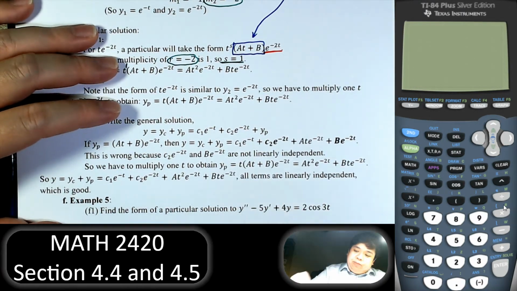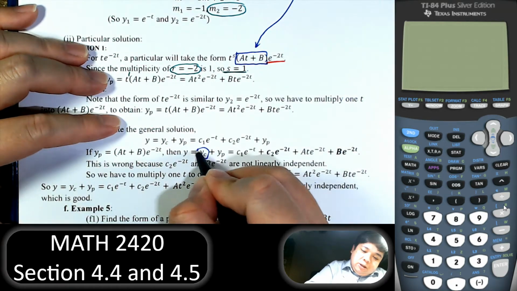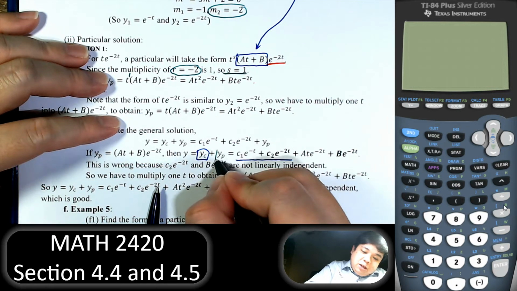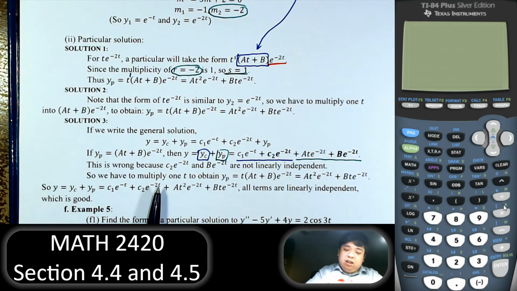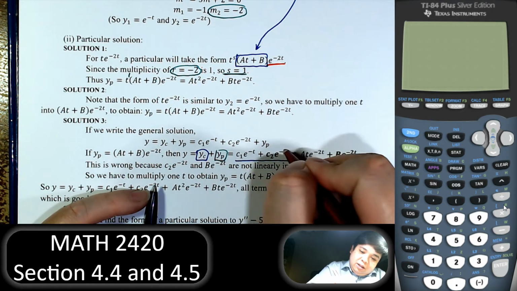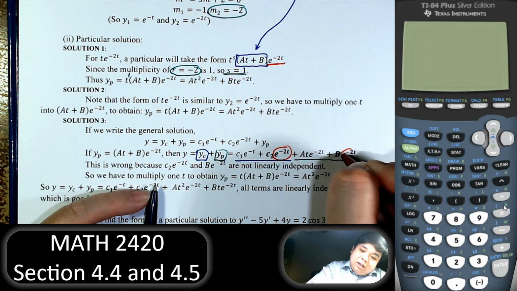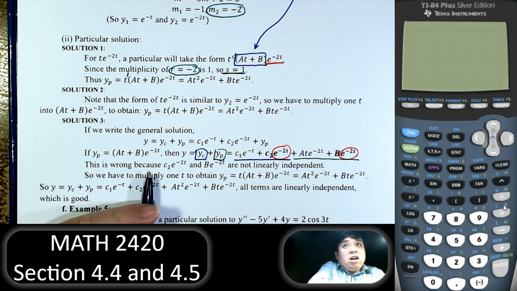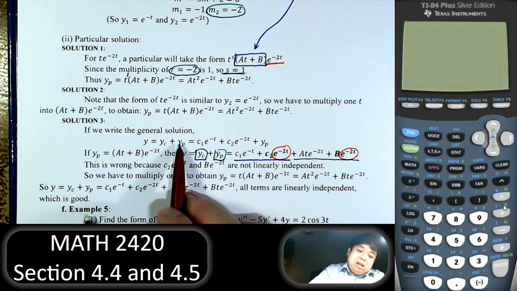Like if this is the complementary solution, and if this is the particular solution, if there's anything that makes it not linearly independent, like those two terms are the same, we have to multiply the whole guess solution by t.